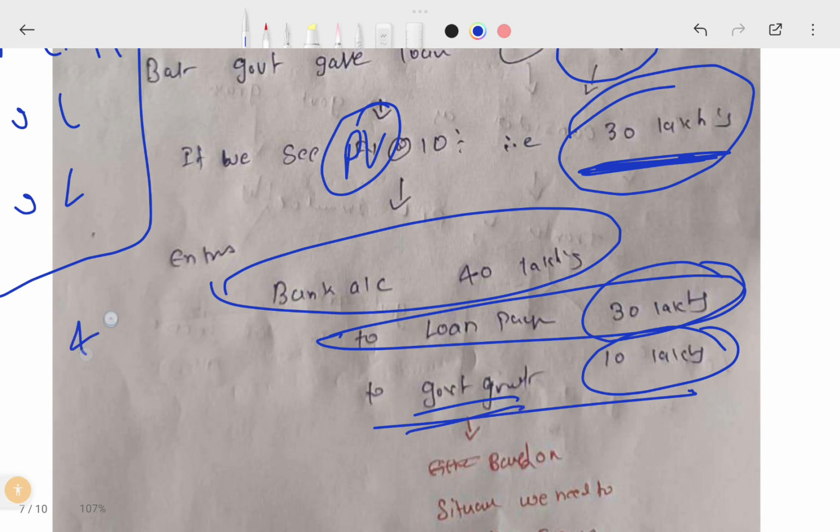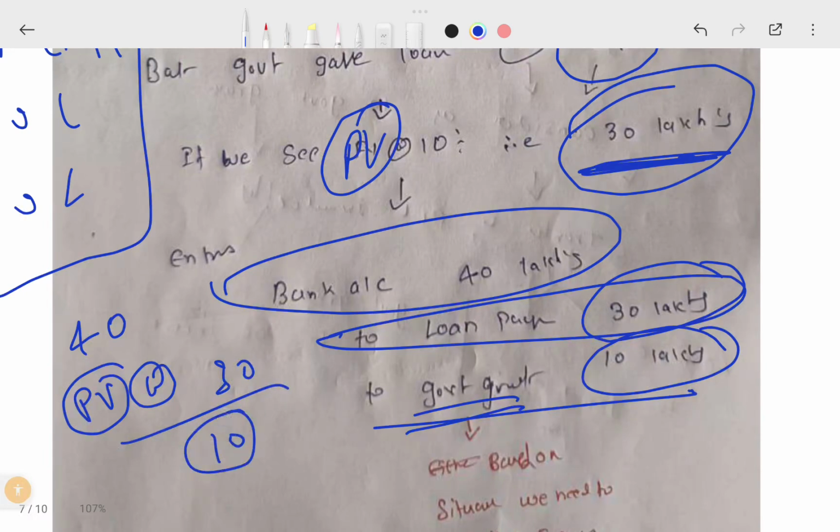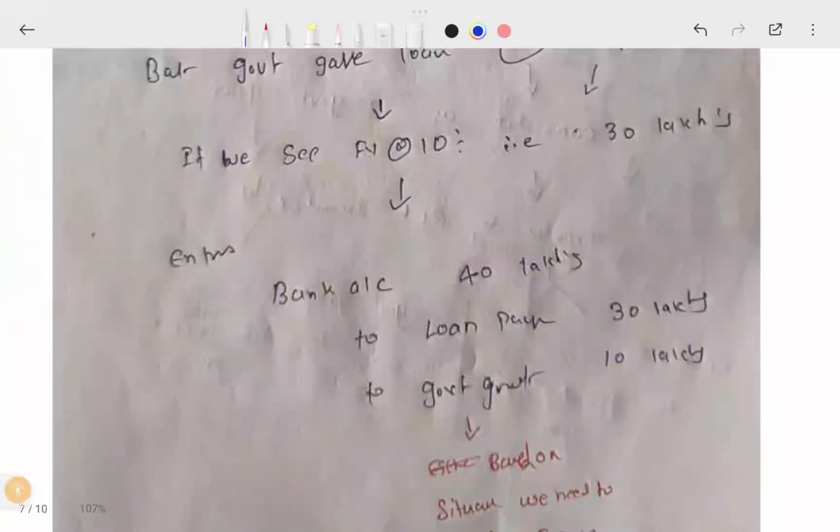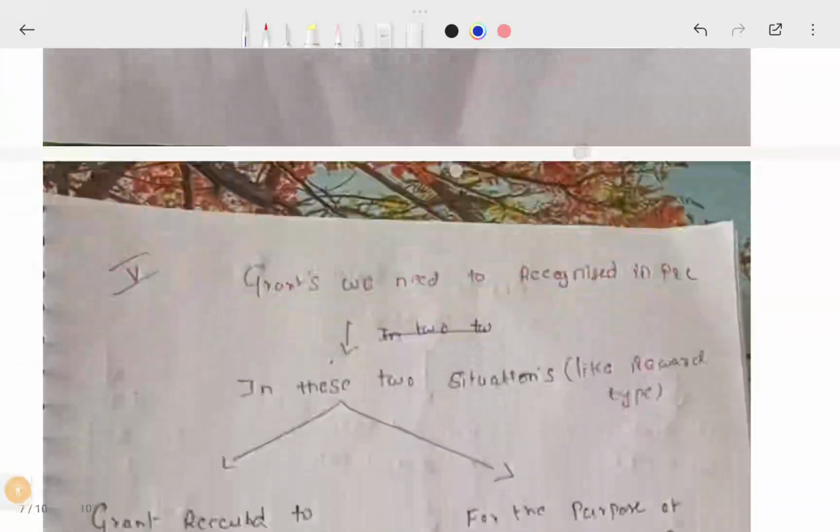Say suppose 40 lakhs you received, but the present value of actual loan at 10% is 30 lakhs. So balance 10 only is the government grant. This government grant is a deferred income or direct P&L income or systematic based allocation. This depends on the conditions of the grant. Again, this we have to disclose as per IndAS 20.